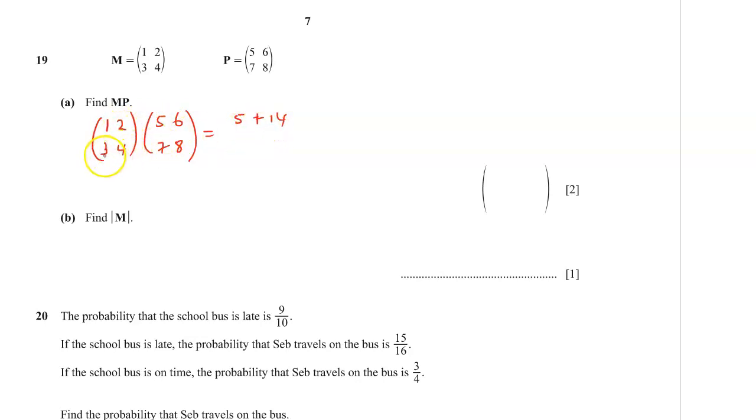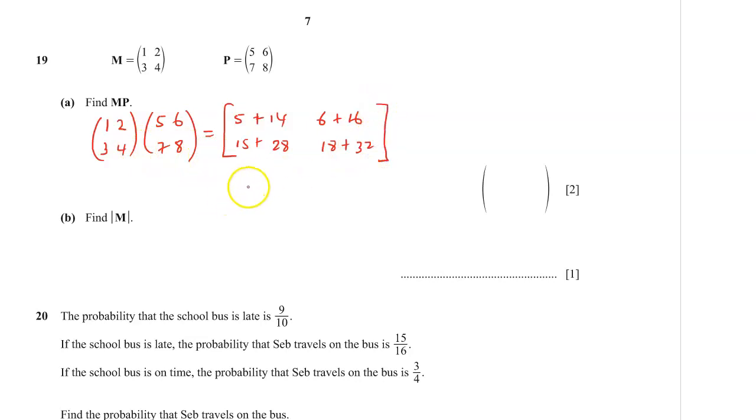Then the second one is 3 times 5, you get 15, plus 4 times 7, you get 28. Then you go next to 1 times 6, you get 6, plus 2 times 8, you get 16. Then 3 times 6, you get 18, plus 4 times 8, you get 32.